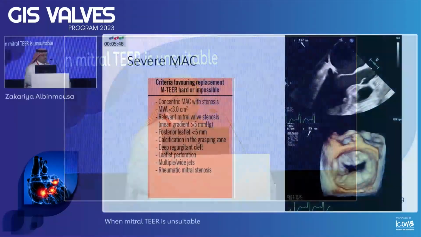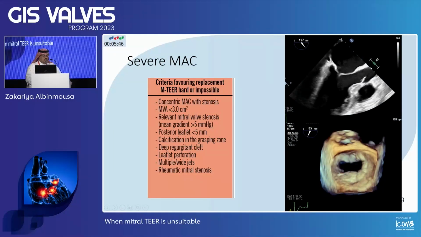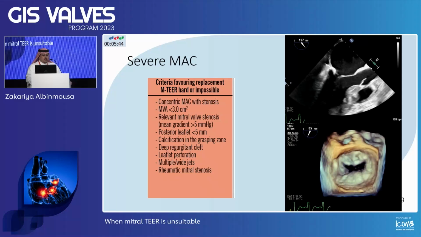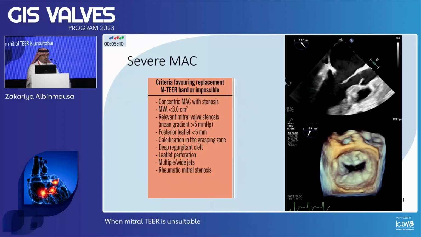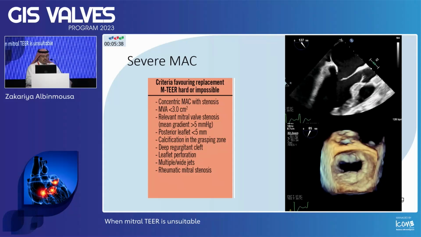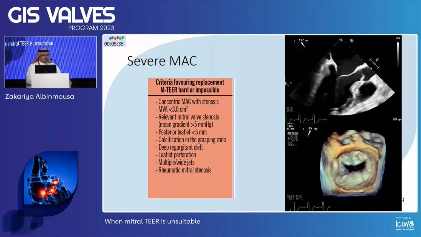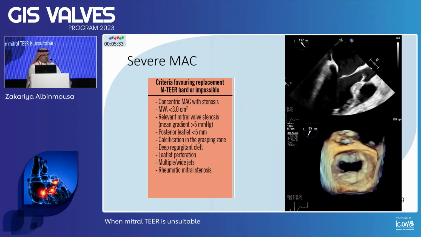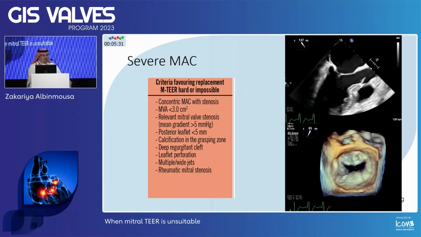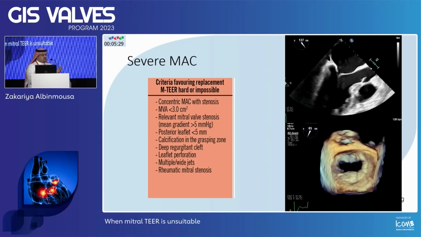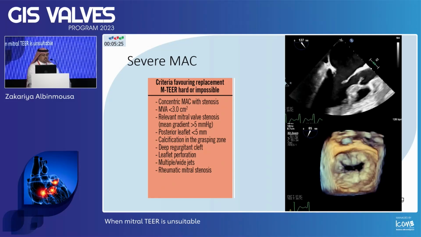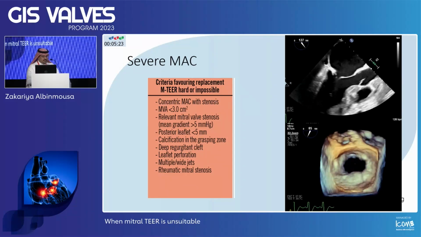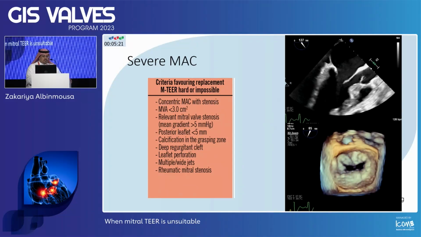Okay, so another challenge is the severe mitral annular calcification. Especially if it is horseshoe-like and it's involving the leaflet, then this might put a risk of high gradient, low mitral valve area, and also you are putting a lot of tension in the posterior mitral valve leaflet, and you are risking injury to that leaflet or tear in the posterior mitral valve leaflet.